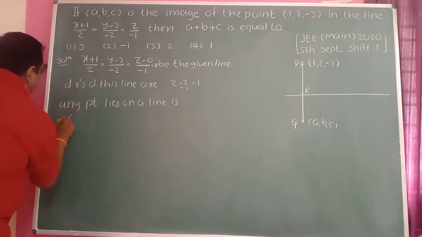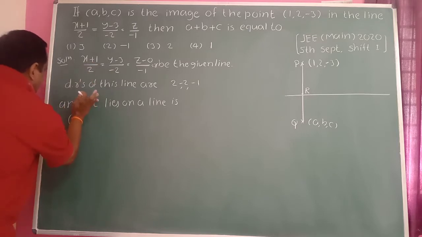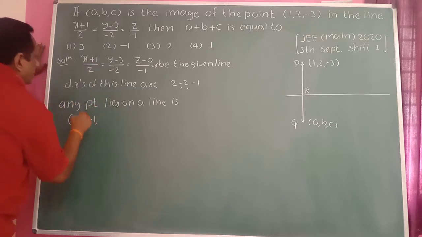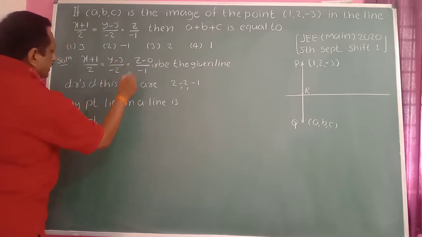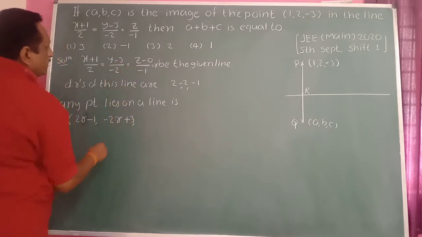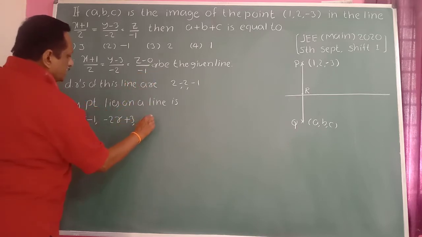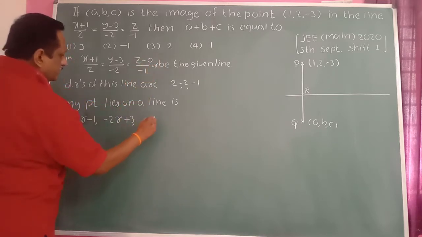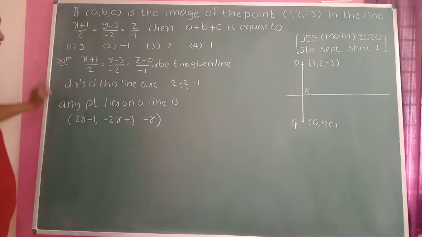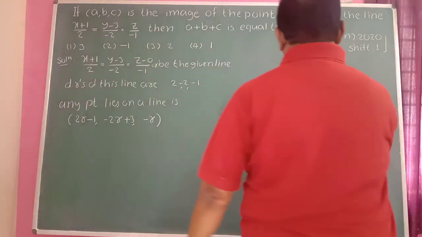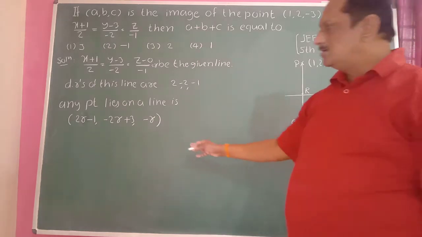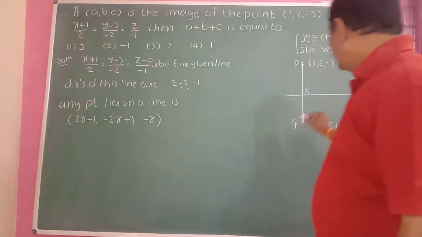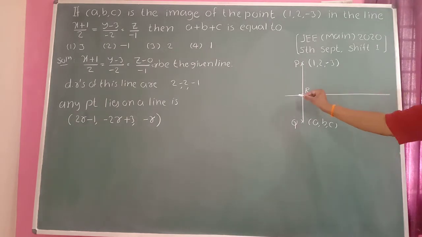Therefore, 2r minus 1 comma minus 2r plus 3 (taking minus 3 to the right-hand side becomes plus 3), comma minus r. So this is any point on the line. For different values of r, you get different points on the same line.